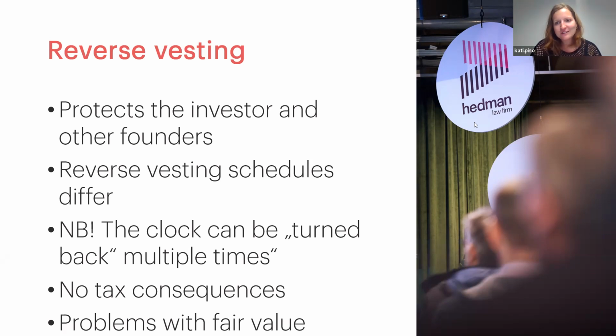If we agree on it today, it would run out December 2025. But if we have an investor coming in, let's say June 2024, the investor can say, hey, I want reverse vesting of 3 years. And then we basically restart the clock in 2024.